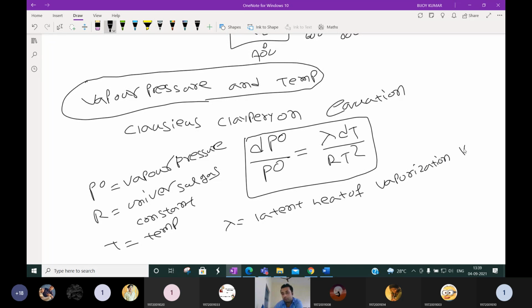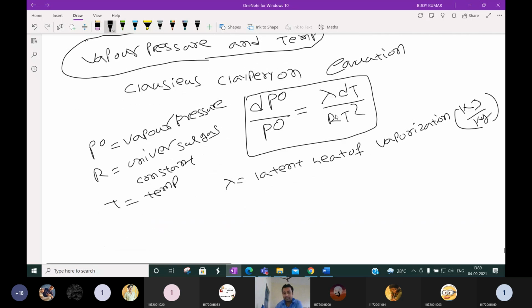The unit will be kilojoule per kg. So please remember these things. This is one of the most important formulas that relates the vapor pressure of a liquid with the temperature. It means at what temperature, how much vapor will come. That you can tell by using this formula.